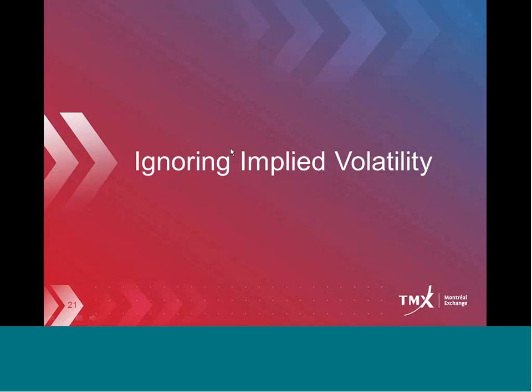Now, this next one here, guys, is ignoring implied volatility. This is a very, very important consideration that I think is often overlooked. If I were to rank it as far as its level of importance, I think that it would be right up there in the top 3.